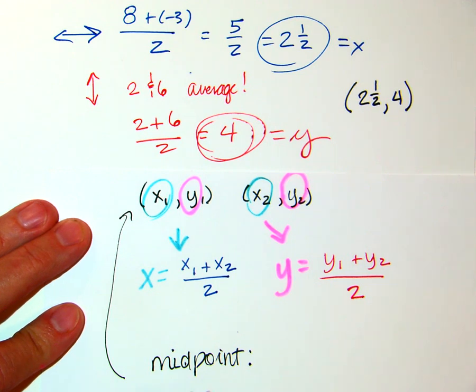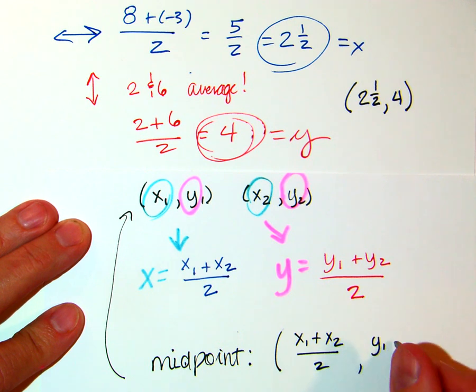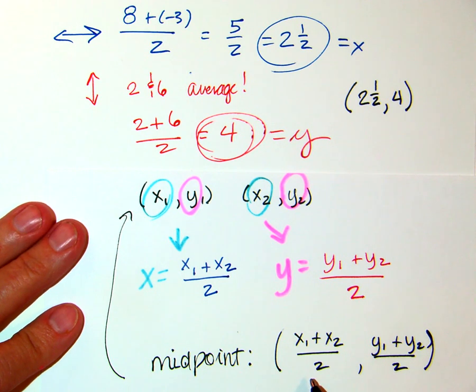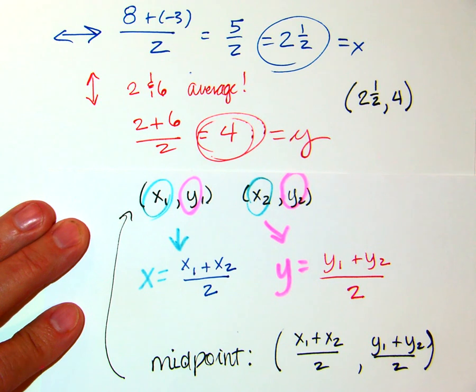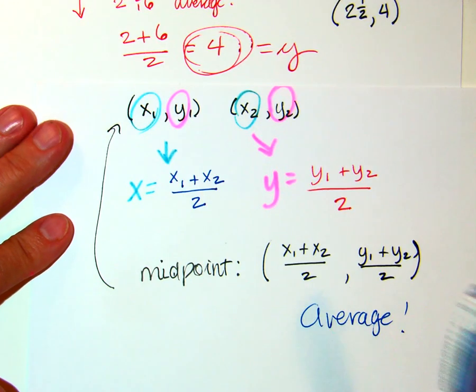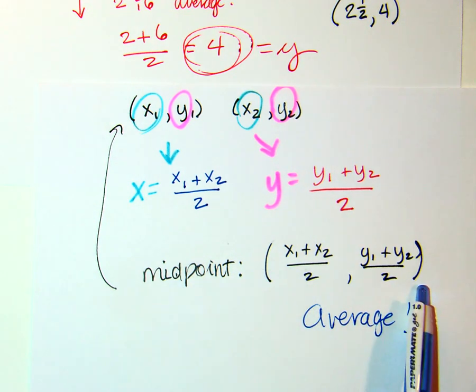So the midpoint of any old 2 points that you pick can be written like this. Okay. Again, the average. That's what you do. The average of the x values is the x of the midpoint. The average of the y values is the y of the midpoint. There we go.